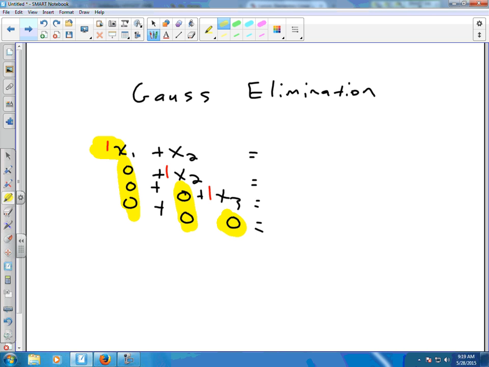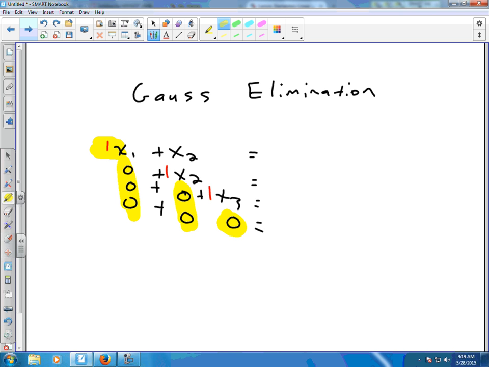So we're just working our way across, getting zeros under each of our pivots. Now, we don't have time to work one example of every possible outcome, so that's kind of what the homework is for. This is the process.